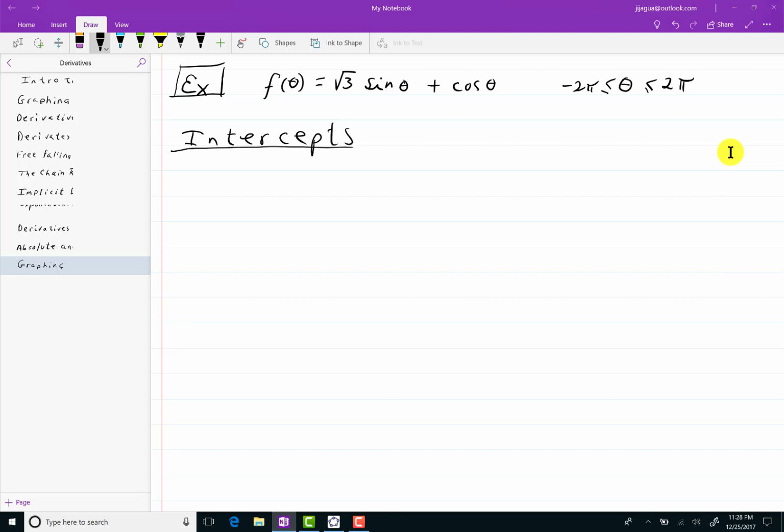I'll first start with the x-intercepts. We will set the function equal to 0. And then I'll try to solve for theta. So the first thing I would do would be to subtract cosine of theta.